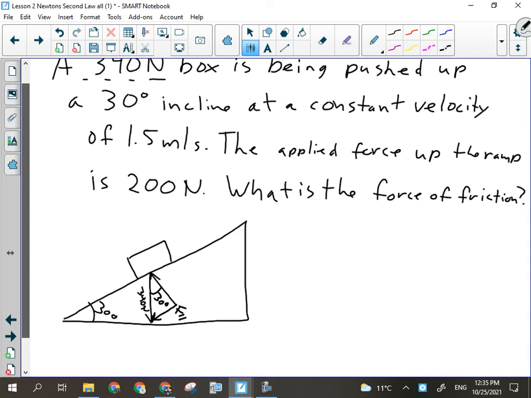What other forces are acting on this box? Friction is acting on this box. Which way is friction acting in this question? The box is moving up the ramp, so friction's acting down. Friction's always opposite. It's always holding you back. So friction would be here. What other force is acting this way?